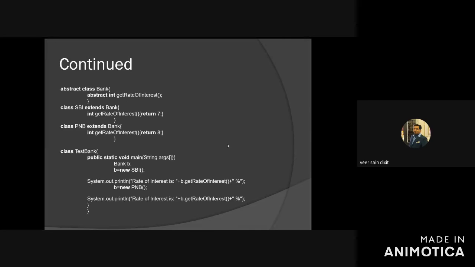So System.out.println rate of interest is b.getRateOfInterest.